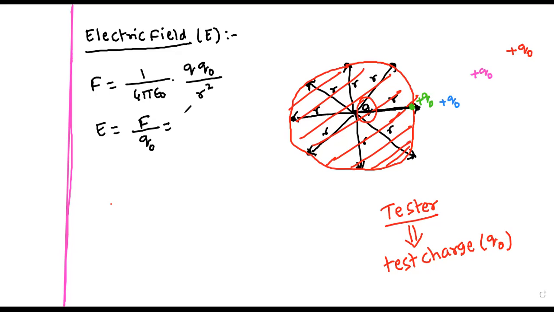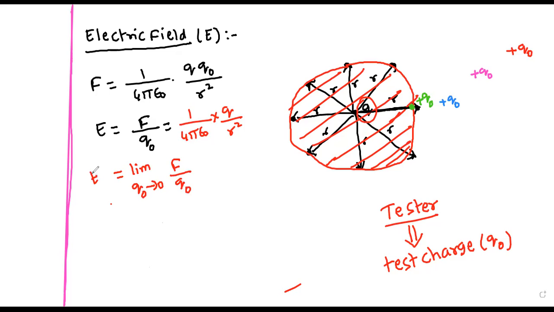F by q naught gives 1 by 4 pi epsilon naught Q by r square. Mathematically, I can write E is equal to F by q naught. Since the magnitude of the test charge is very less, mathematically I can write the limit q naught tends to 0, because the magnitude of the test charge is very less.